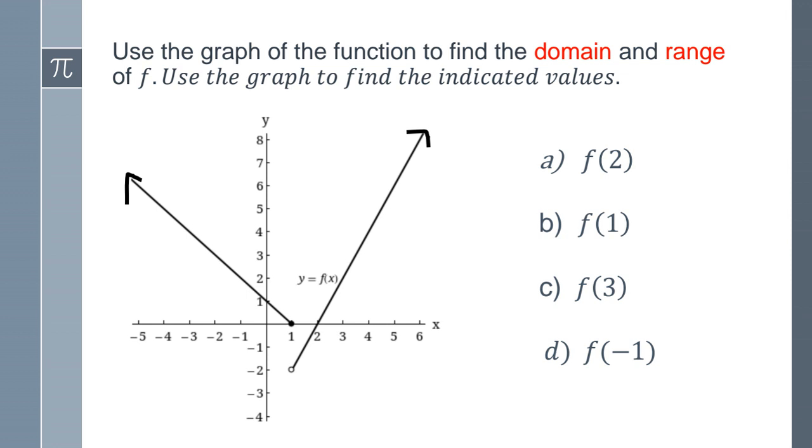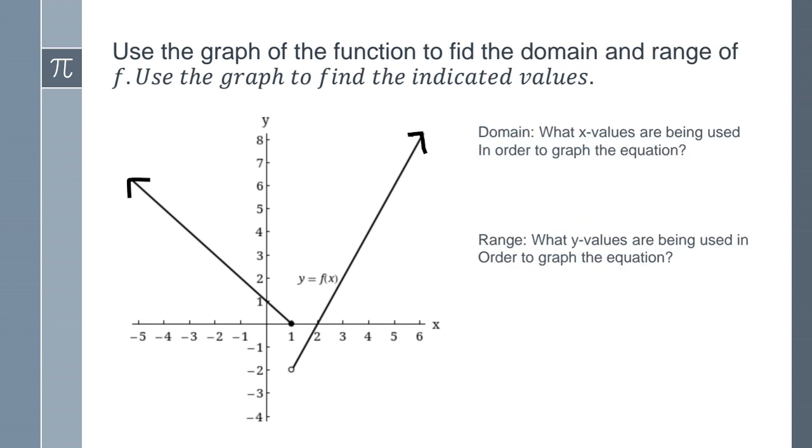So here, again, the domain refers to all the x values. If we were reading this graph from left to right, since there's an arrow here that's going forever to the left, we know that's going to start at -infinity. Now here we have a filled circle, so we still have an x value here, even though there's an open circle here.